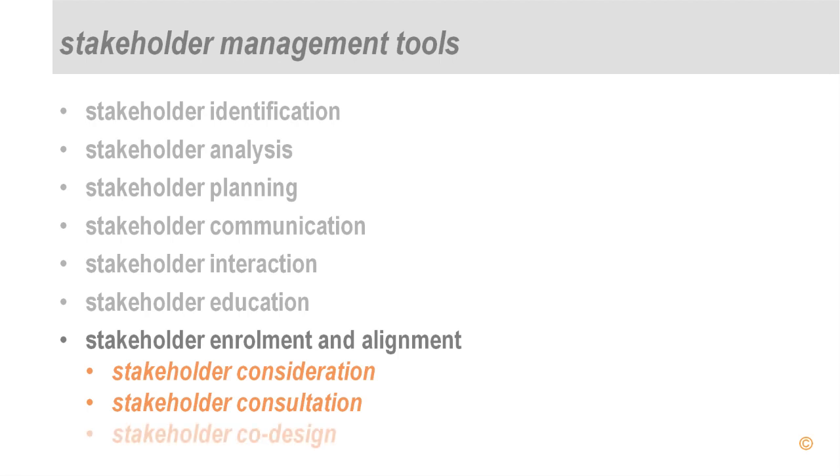Another tool is stakeholder co-design. This means that I involve the stakeholders directly in co-designing the decision or the plan or the strategy or the design. So there's more input and synergy created between me and my stakeholders if we co-design.